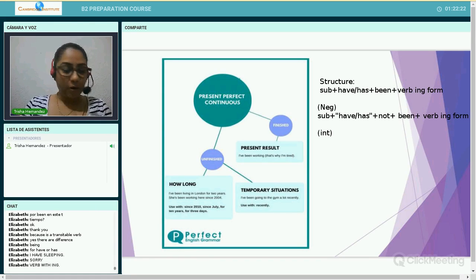Okay, and how are we going to make the inversion to make the questions in this case?